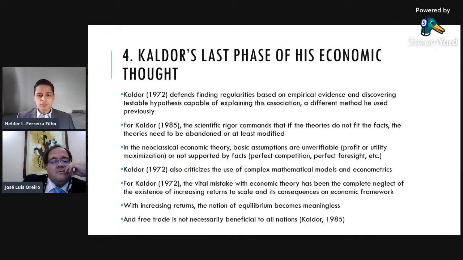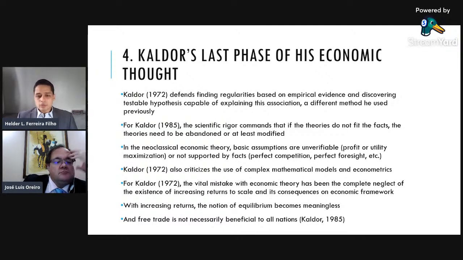In neoclassical economic theory, basic assumptions are unverifiable, says Calder, like profit or utility maximization, or not supported by facts, like perfect competition and perfect foresight of the economic agents. Calder in 72 also criticized the use of complex mathematical models and econometrics.